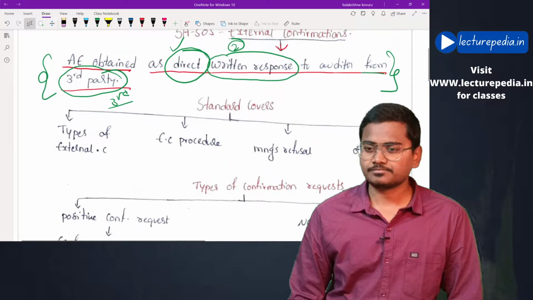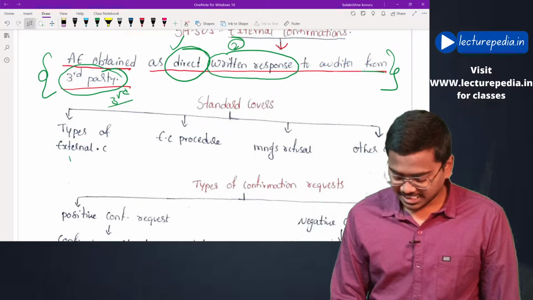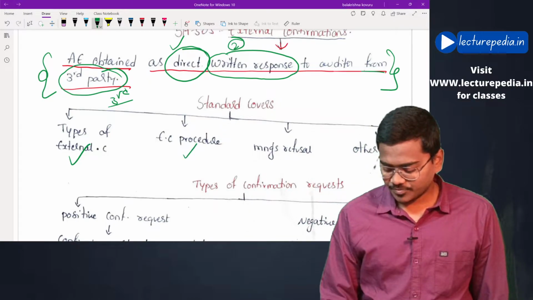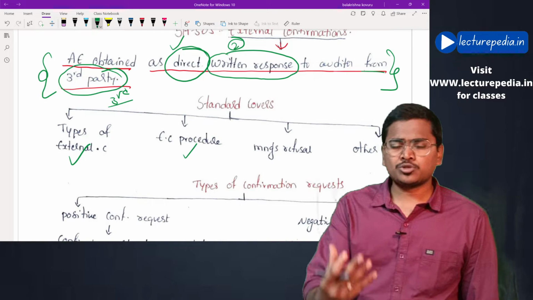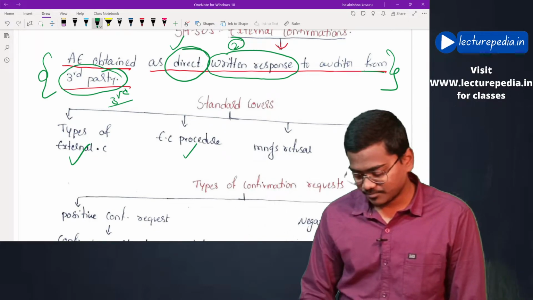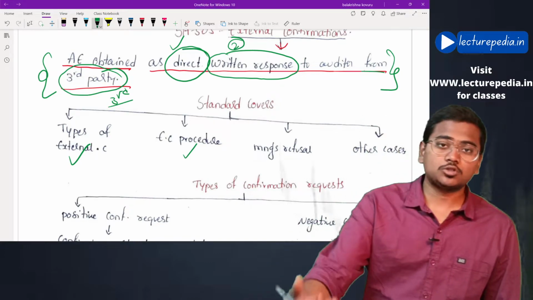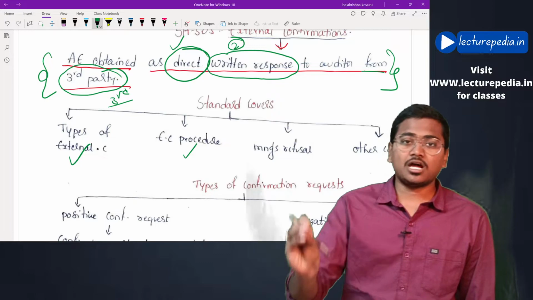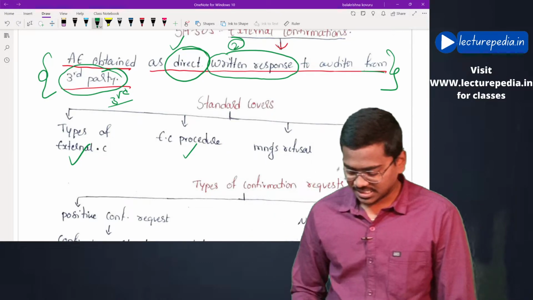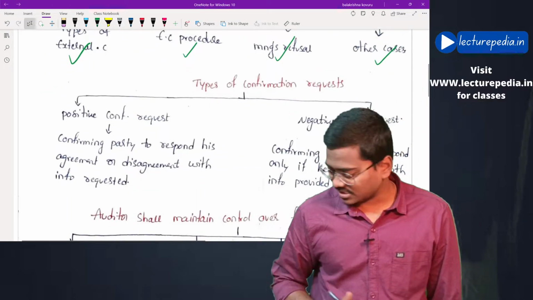Firstly, we will be discussing what are the types of external confirmations that we have. Next, what will be the procedure that the auditor will be using in order to obtain external confirmation. And in case management refuses to obtain external confirmation, how the auditor should deal with it, and some other cases. Starting with the types of external confirmations.